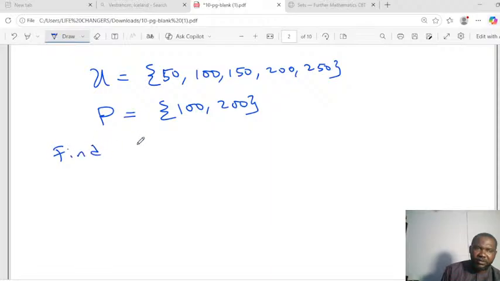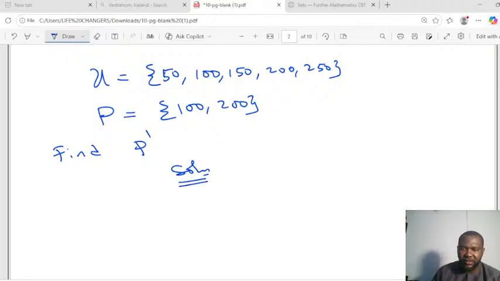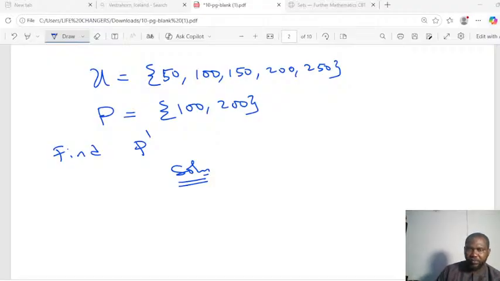Find P complement. If you understand it, give me the answer to this.